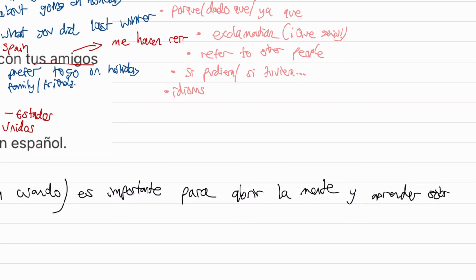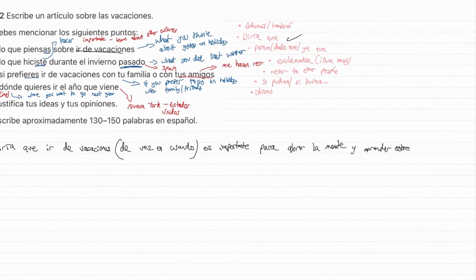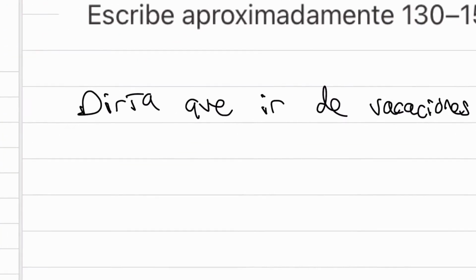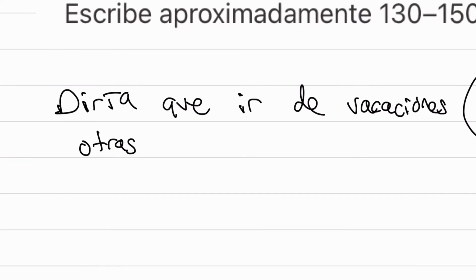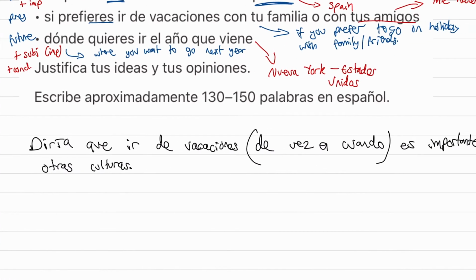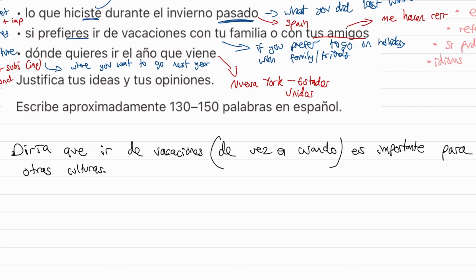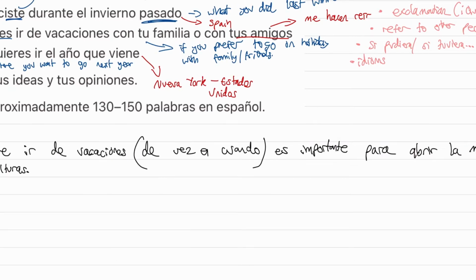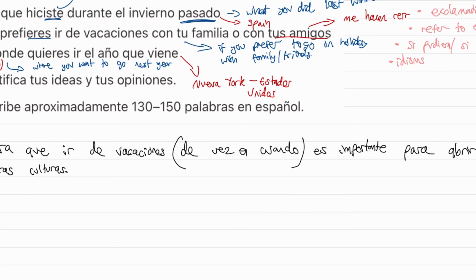Aprender sobre otras culturas. So just other cultures. It's a feminine noun, so I'm using otras culturas, both feminine, the adjective there, and culturas is feminine and plural. So that is one sentence there.